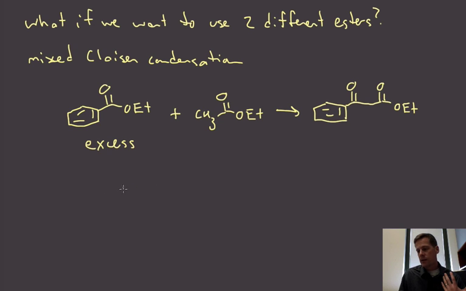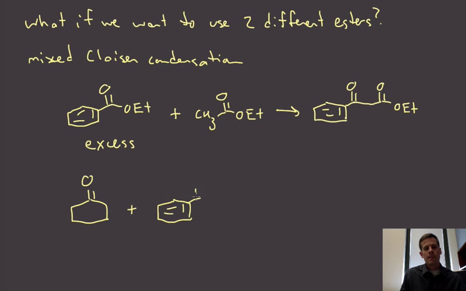On the other hand, you could also use a ketone for this type of process. So if you did, for example, cyclohexanone and ethyl benzoate, right? So now you've got a good situation where this can't enolize, and this can't serve as a Claisen electrophile because it's not an ester.